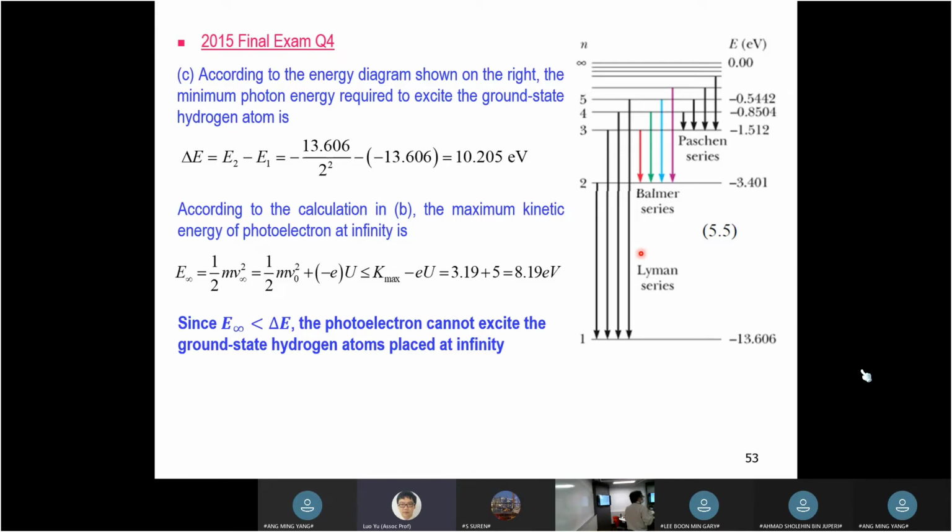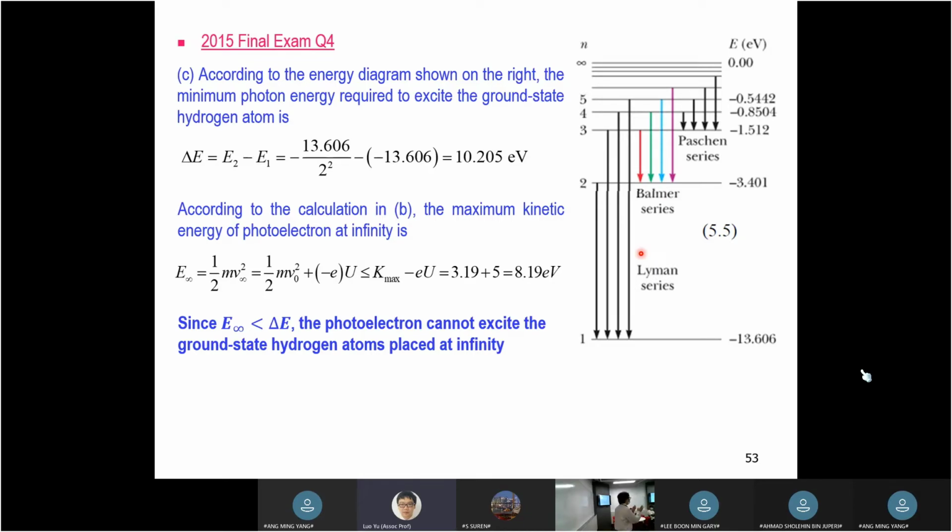But the photon cannot do this. Photon can only move at the speed of light. A single photon cannot change its frequency, or be slowed down. That cannot happen. So the photon must be exactly matched to the potential energy difference. For electron, as long as it's larger than the energy difference, it's possible to excite.